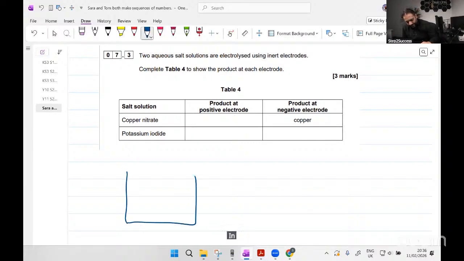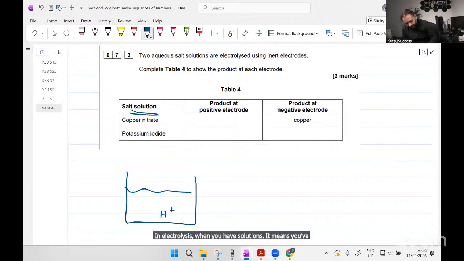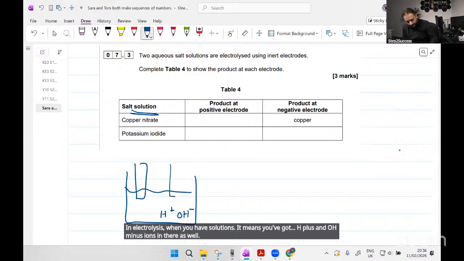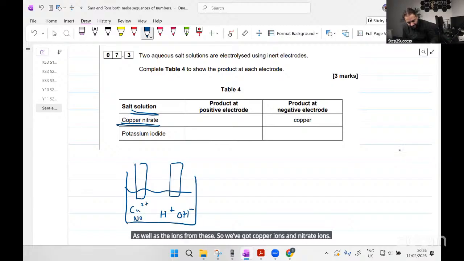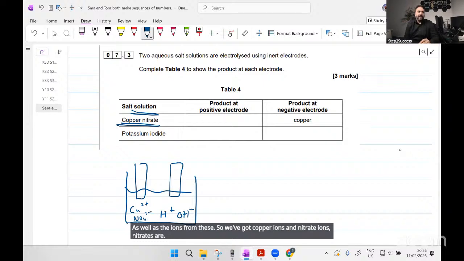In electrolysis, when you have solutions, it means you've got H plus and OH minus ions in there as well as the ions from these. So we've got copper ions and nitrate ions. Nitrates, it doesn't matter what they are, but they're negative.